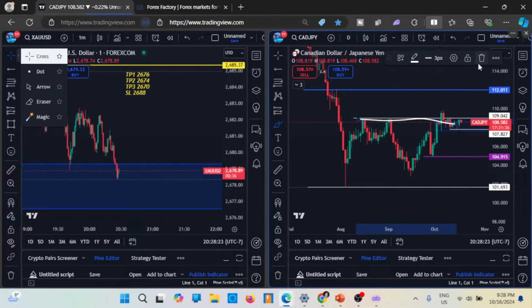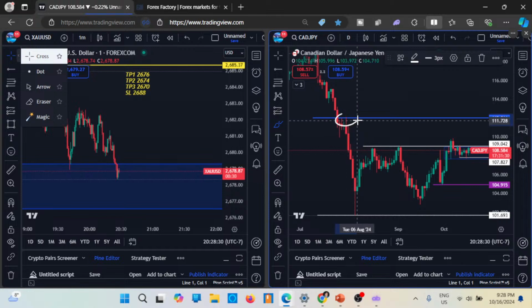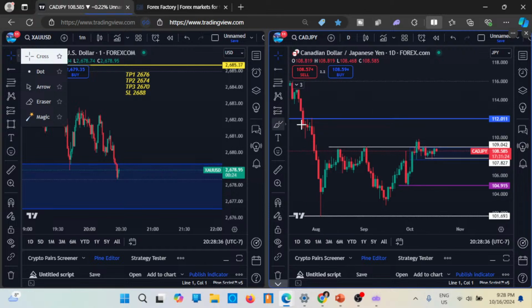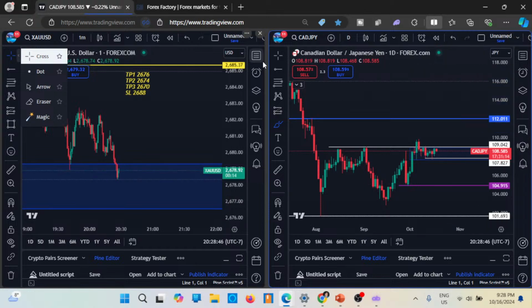For this downtrend to be over, price needs to break above the previous lower high. So the market here is still in the downtrend until it breaks above this previous lower high. Once it does, it's going to start flying up higher.